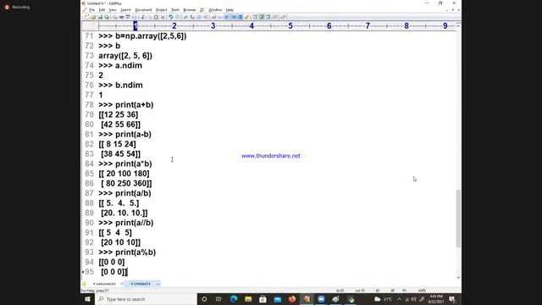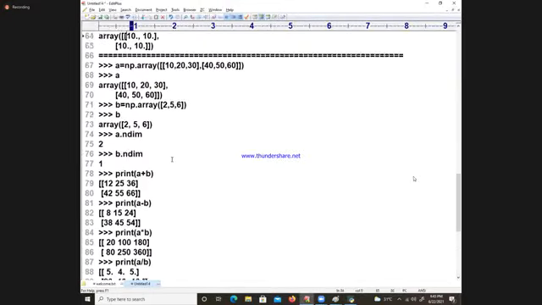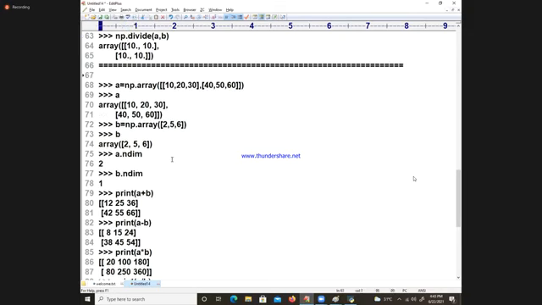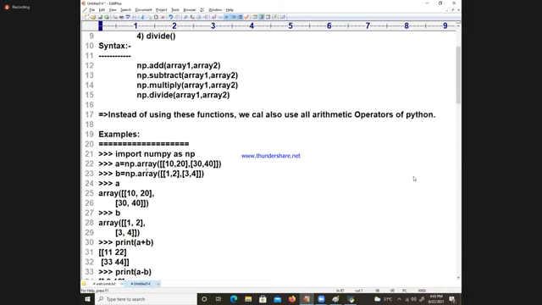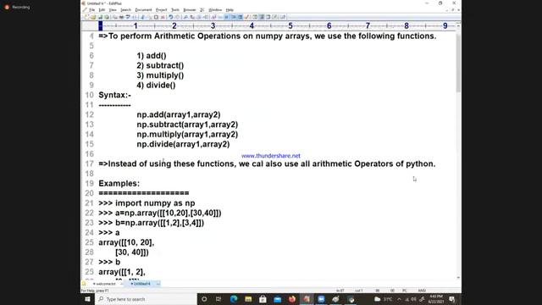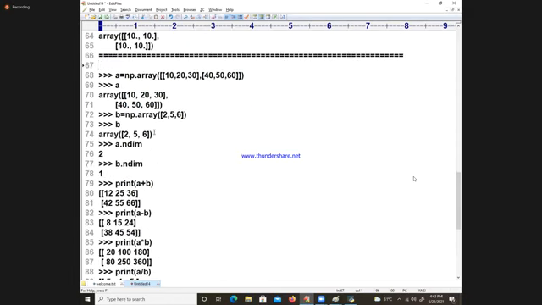These are all called broadcasting examples, purely arithmetic operations. So I am writing the example: arithmetic operations with different dimensions.